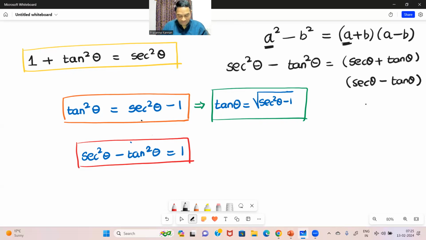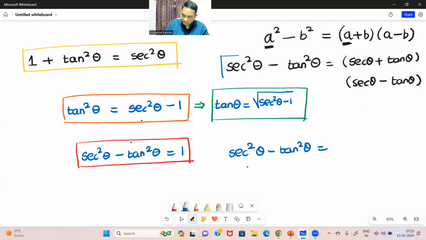Yes. So let me write it here. So sec square theta minus tan square theta can be written as what? How can I write sec square theta minus tan square theta?